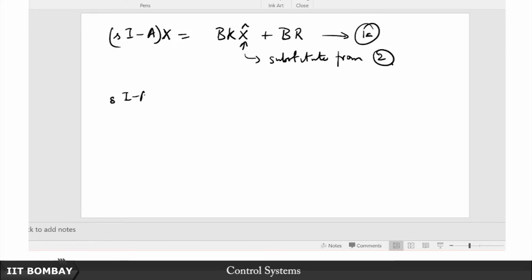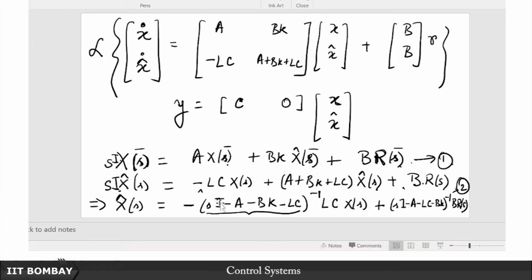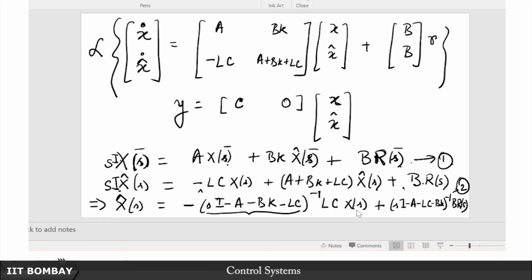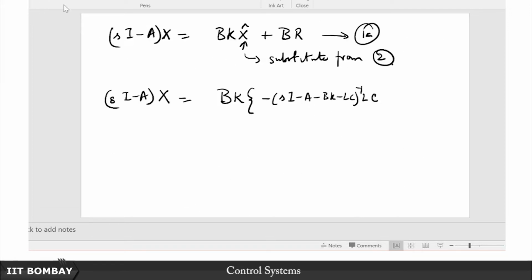I will get (sI minus A) times x is equal to BK times, and hang on, there is this jumbo term coming up. So this is minus (sI minus A minus BK minus LC) inverse times LC, if I am not mistaken, times x. That is the first term, I am just substituting for x hat.